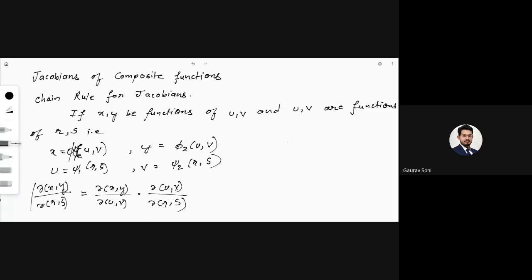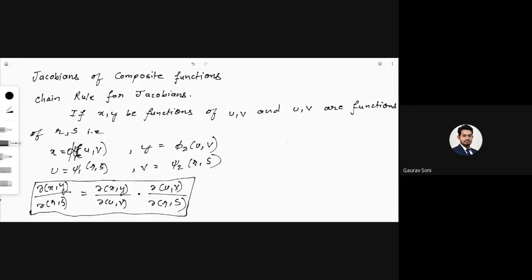Okay, so this is the chain rule. Very easy. You are just finding the two Jacobians. x, y are in terms of u, v, so you find the Jacobian of x, y with respect to u, v. Then u, v are functions of r, s, so you find the Jacobian of u, v with respect to r, s. Multiply them. That will give you the Jacobian of x, y with respect to r, s.